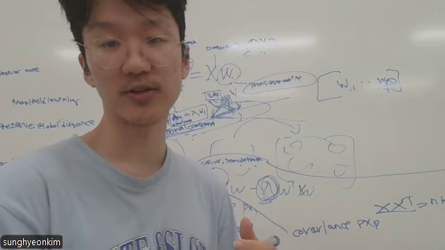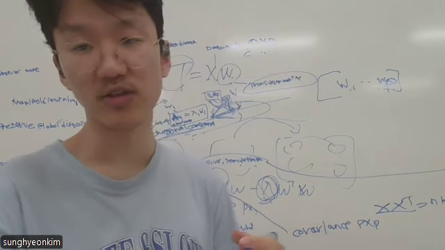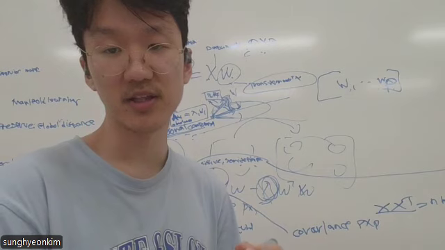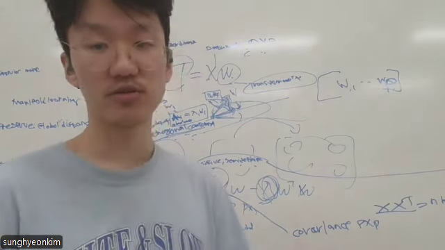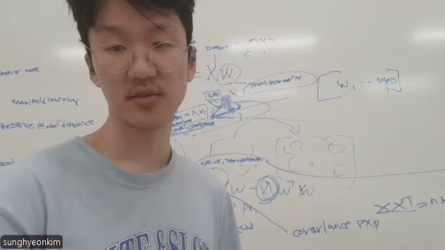So we can check whether T1 is big or T2 is big. T1 and T2 are both W1 or W2 dot product something.